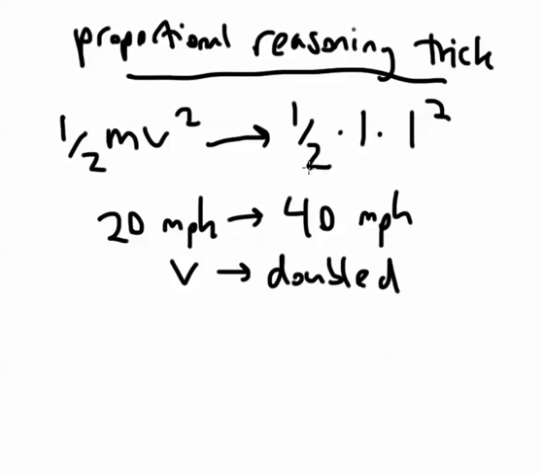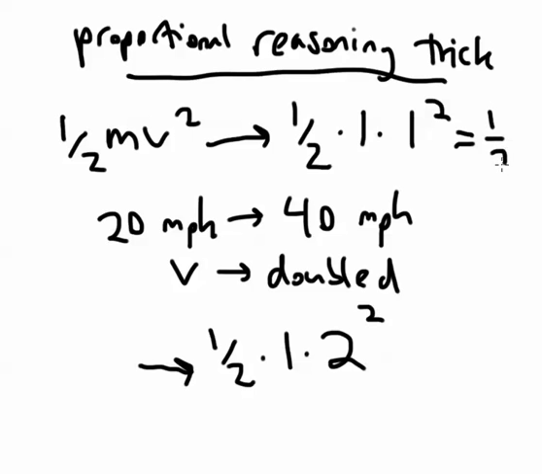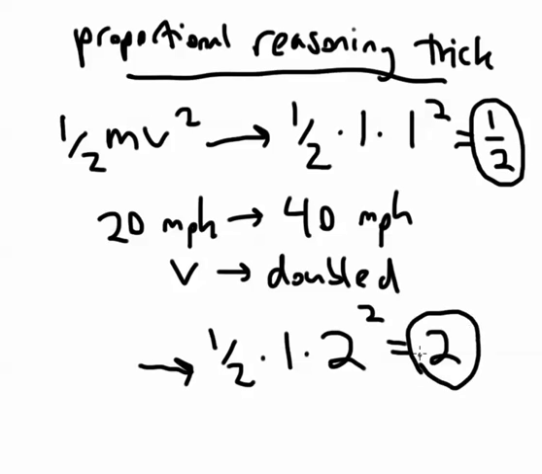So then I'm going to take my proportional reasoning formula and I'm going to double the v. But the v is 1. So that's 1/2 times 1 times 2, so I doubled the v, squared. And this is 1/2, and this is 2. So what happened when I doubled the v was that the value changed from 1/2 to 2.